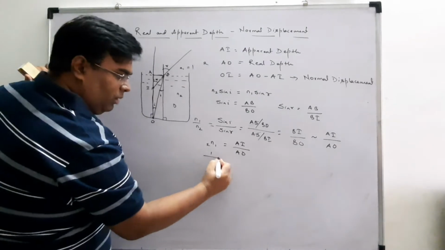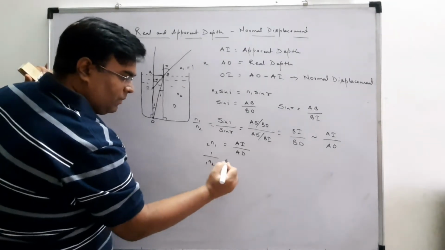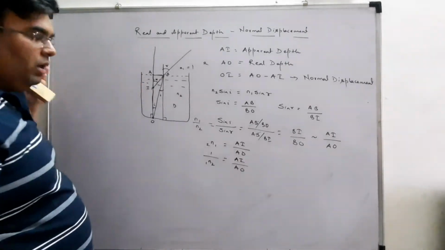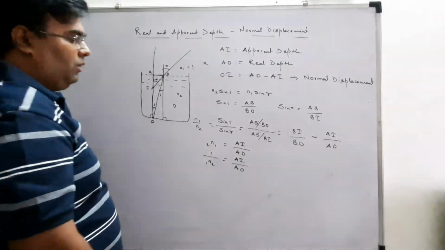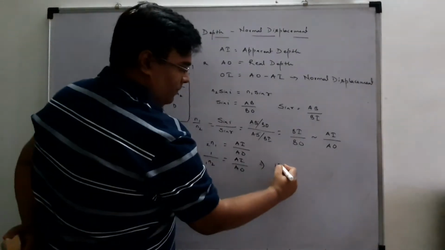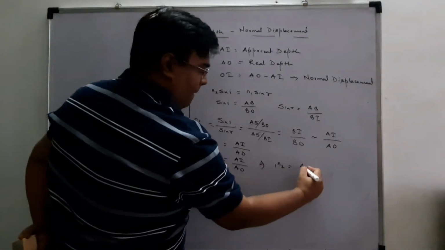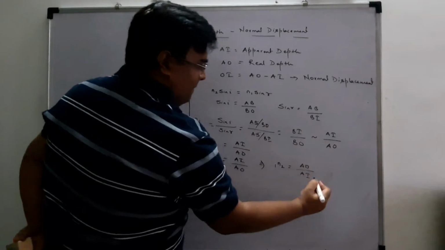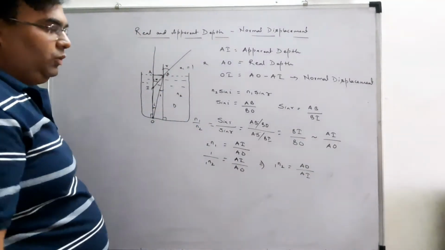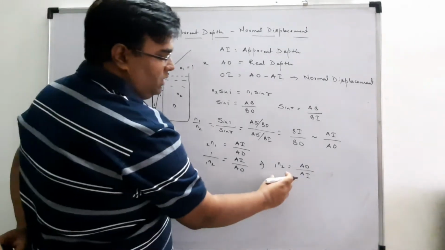We can say 1 upon N is equal to AI upon AO, or by taking the reciprocal, we get N equal to AO upon AI.